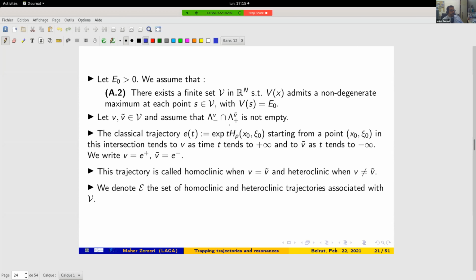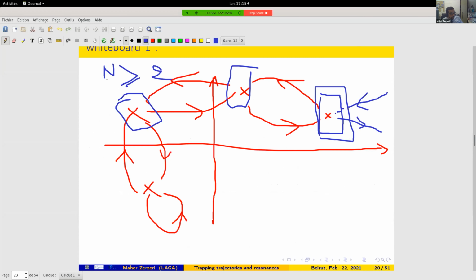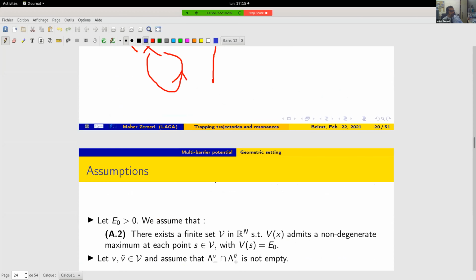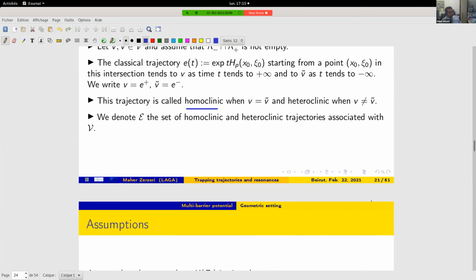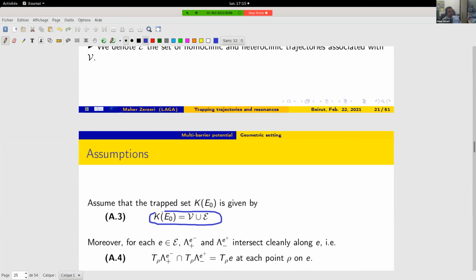This is very important, and we call it homoclinic if the starting point and the end point are the same, and heteroclinic trajectory if the starting point and the ending point are different. Okay. And we assume that our set of trapped trajectory is exactly these vertices and the edges between these vertices.